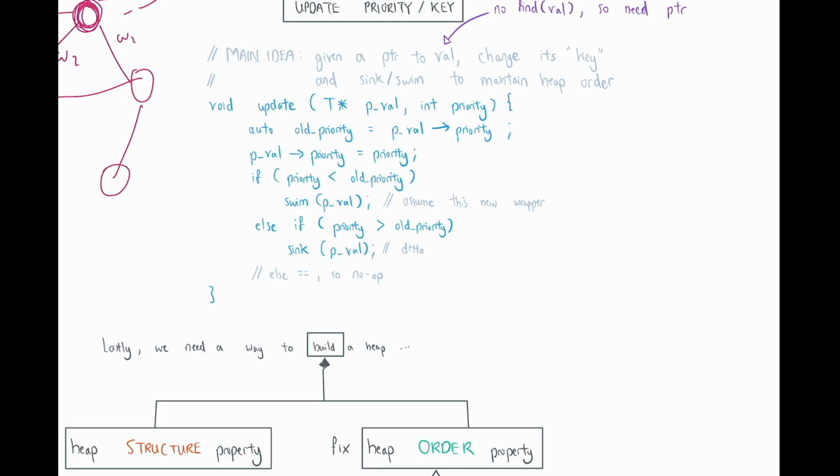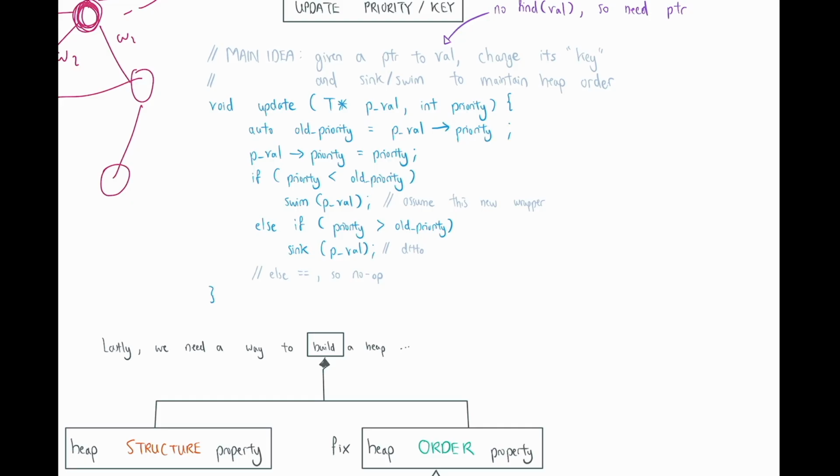Note that we need to give it a reference to the location, which we have if we look at Dijkstra's algorithm, because we want to avoid searching a heap for a particular value. That takes time. So with that out of the way, let's look at the details of what is being done here.